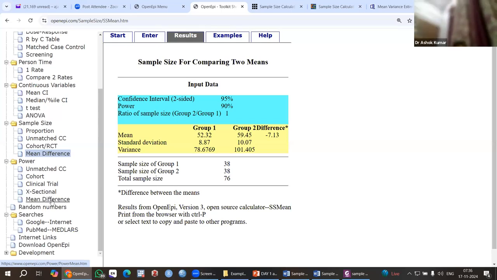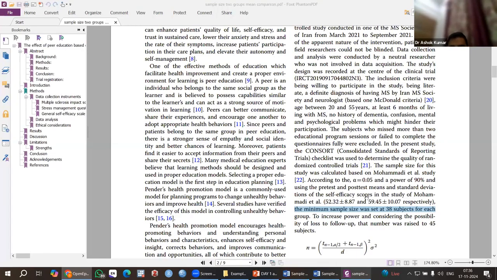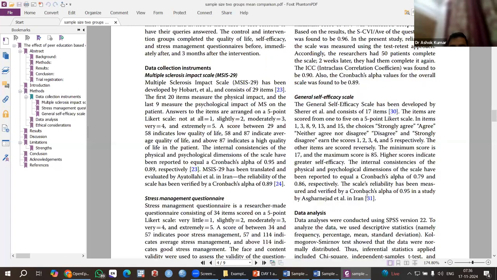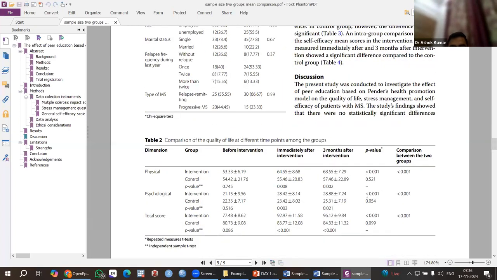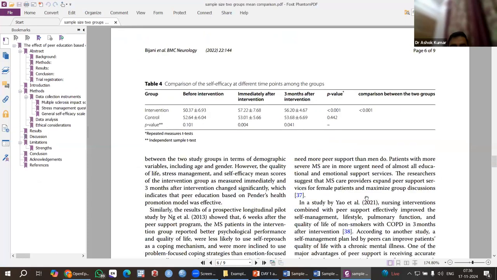For example, I have done a study and I didn't calculate any sample size for it. I can take this study on self-efficacy score: physical, psychological, and this is self-efficacy. This is a comparison of self-efficacy at different time points among groups.